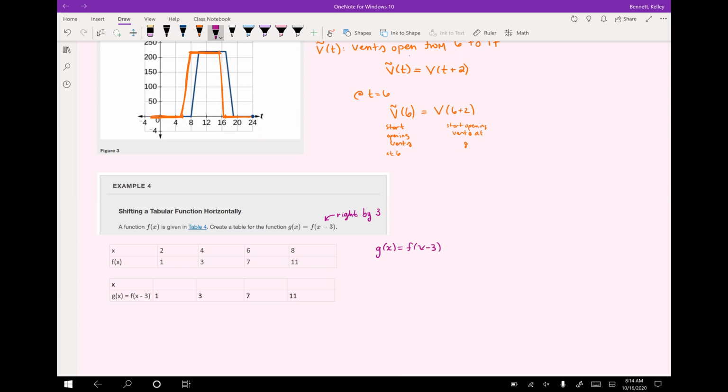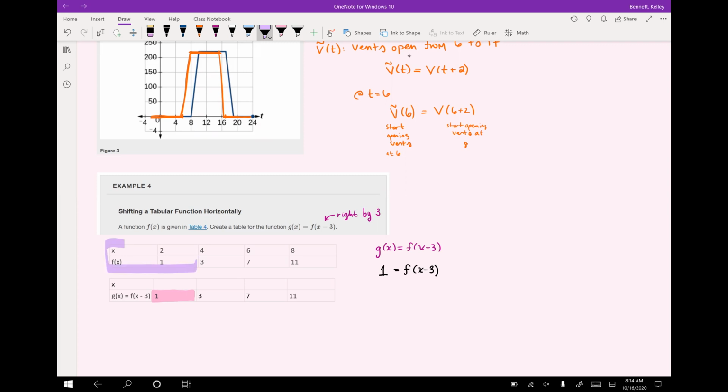So in this particular case, let's just look at one instance of this, just looking at the first guy here. So when g of x equals 1, this has to still equal f of x minus 3. So then I come up here and I'm like, well, f of what equals 1?